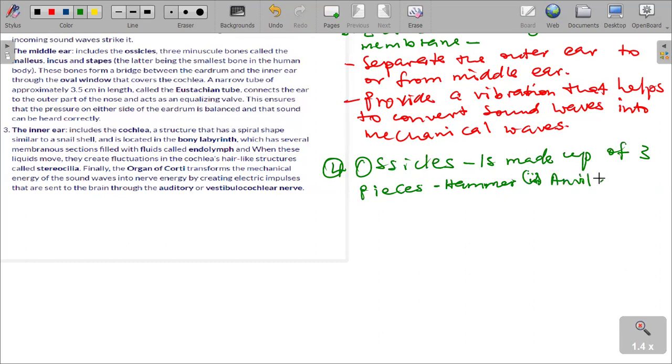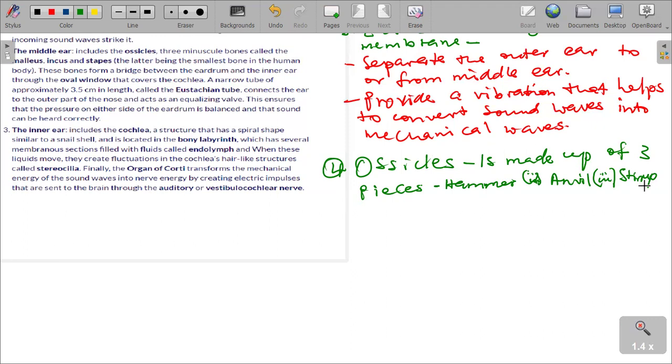And then the last one, three, is the stirrup. So the ossicles are made up of these three pieces: the hammer, the anvil, and the stirrup.